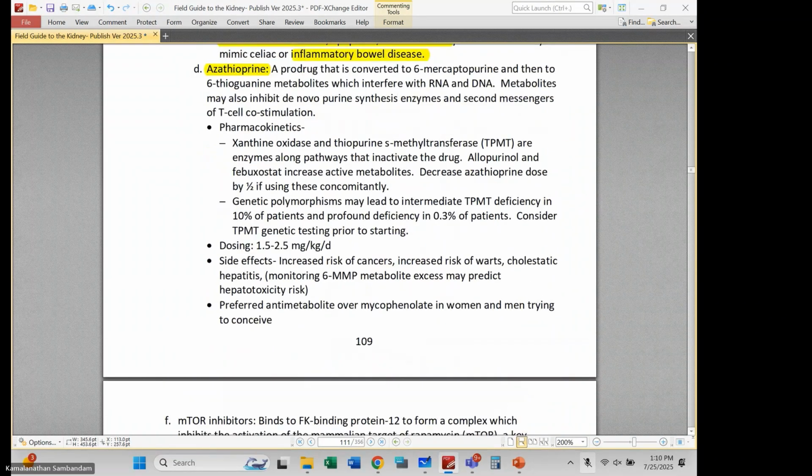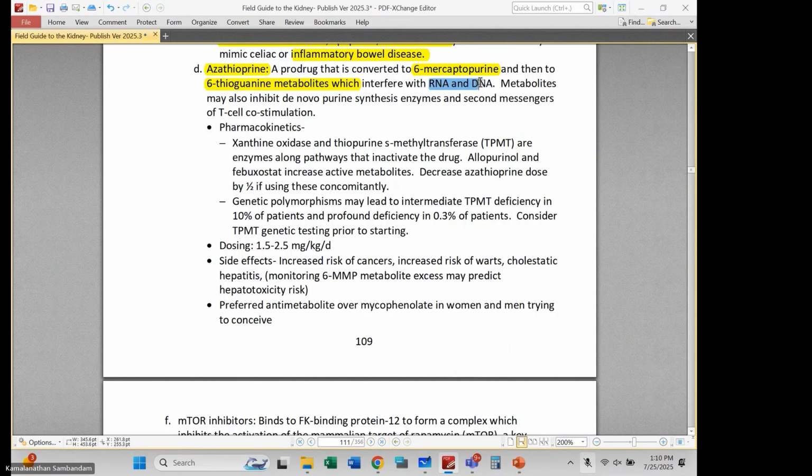Last, real quick, azathioprine. It's also a prodrug. 6-MP, that chemotherapy that you give, is the downstream metabolite of azathioprine, okay? These two drugs are metabolized further into these thioguanines, okay?